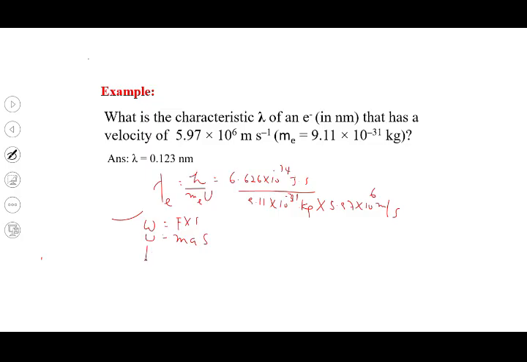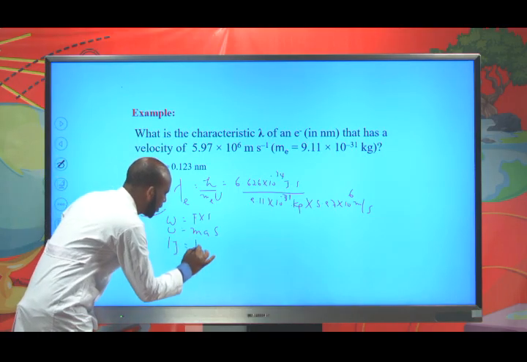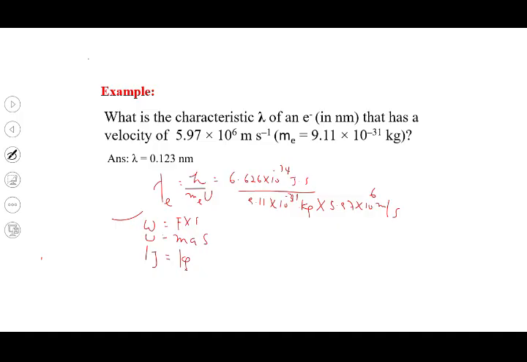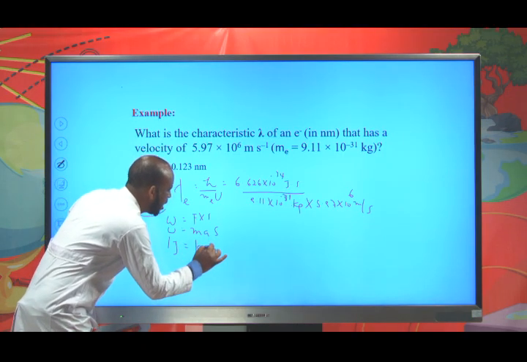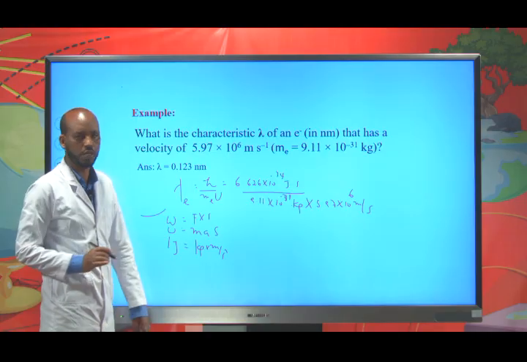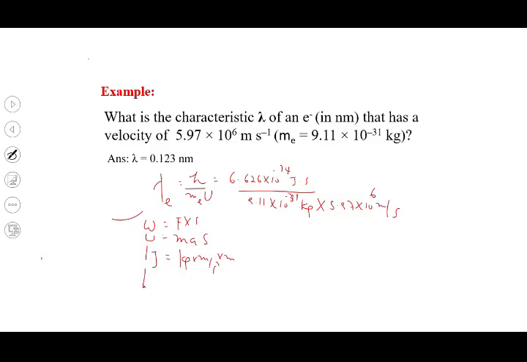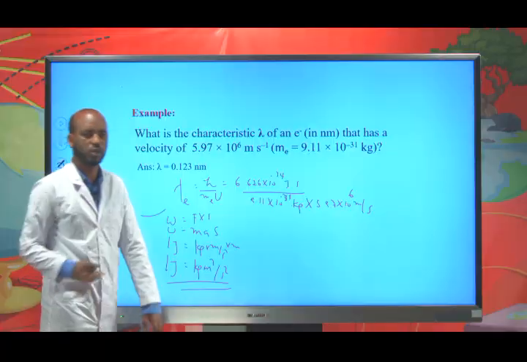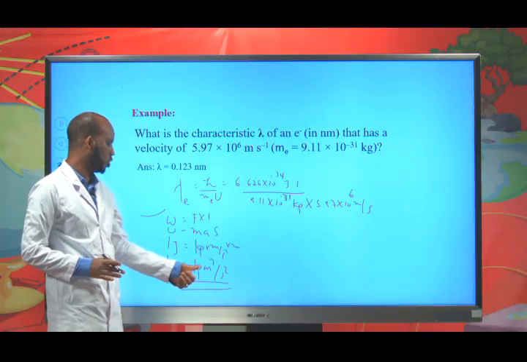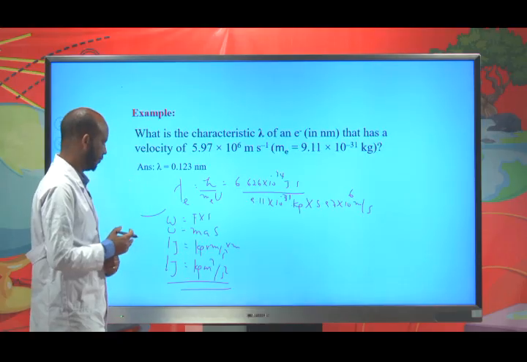Therefore, 1 joule equals mass, its unit is kilogram, acceleration, its unit is meter per second squared, times distance, its unit is meter. Therefore, 1 joule equals kilogram meter squared per second squared. This is the relation between joule and kilogram meter squared per second squared.